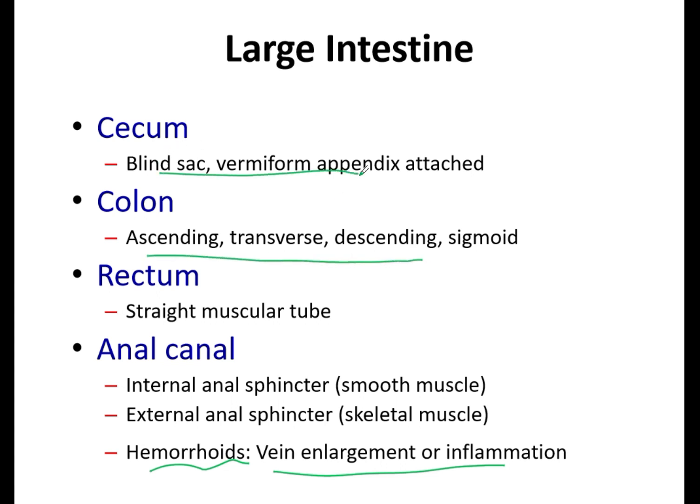Next we can talk about the secretion of the large intestine. It secretes mucus, which provides protection. Parasympathetic stimulation increases the rate of goblet cell secretion.